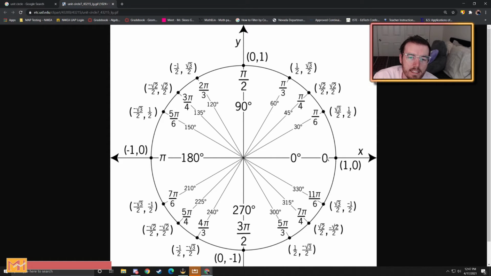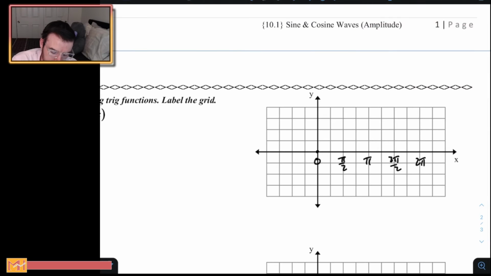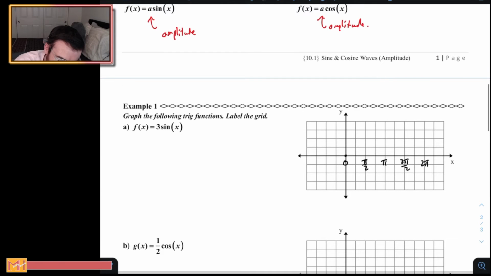But the numbers at 0, pi over 2, pi, those are the nice numbers, right? 0 and 1 and -1. So we like nice numbers, okay? So if we are multiplying it by 3, the sine function is going to do what it always does. It's going to start at 0, but now it's going to go up to 3, back down to 0, down to -3, back up to 0.